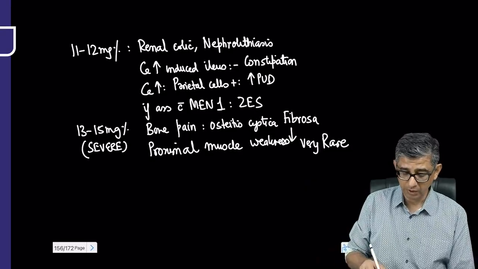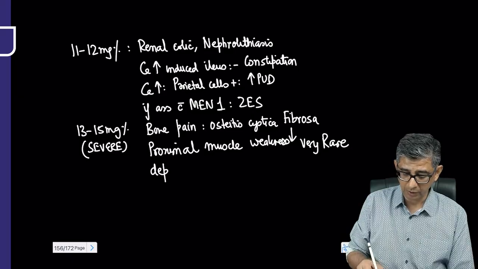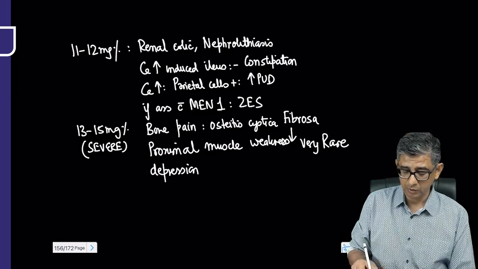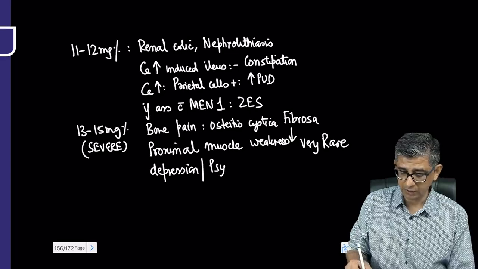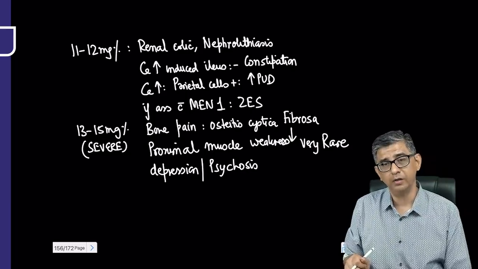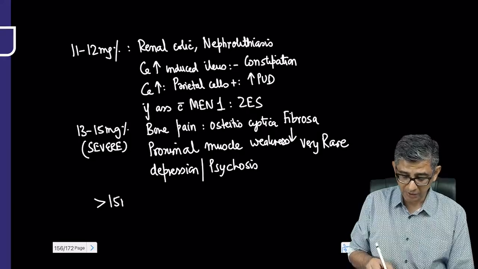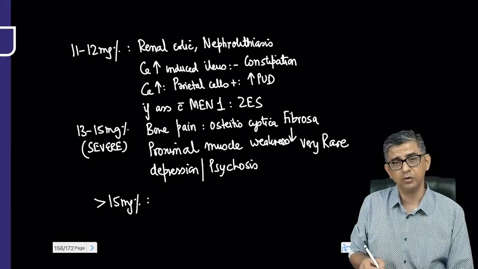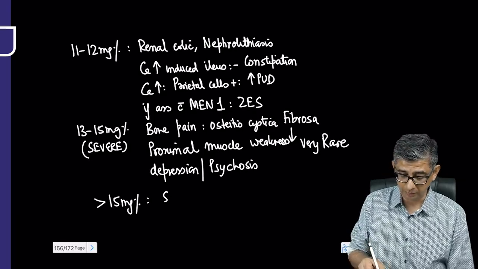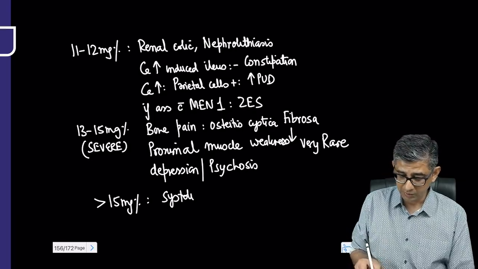So you will notice that these patients will develop a psychiatric component as well at this point of time. So depression or psychosis, which will explain the moaning component that I was describing before you. And why I'm worried about these patients is that if diagnosis is not made, then the unfortunate bad news can be that this person can expire.